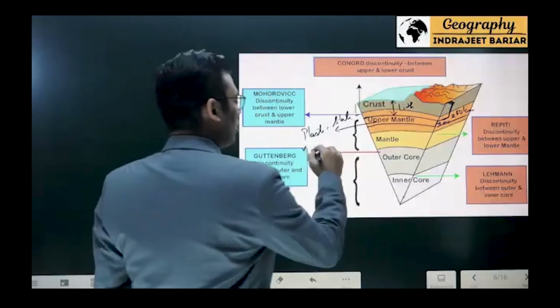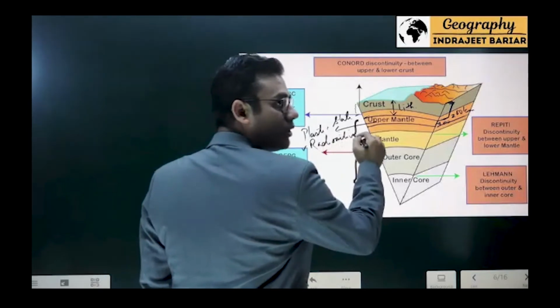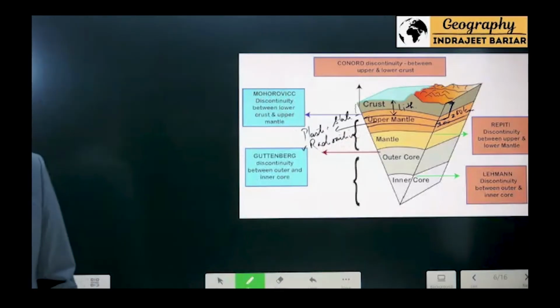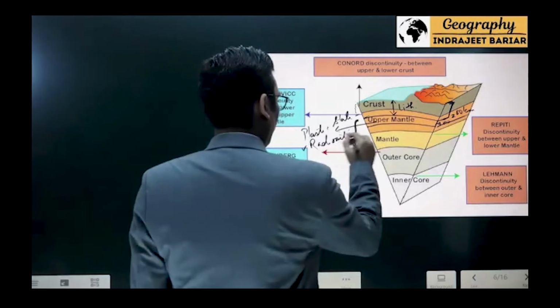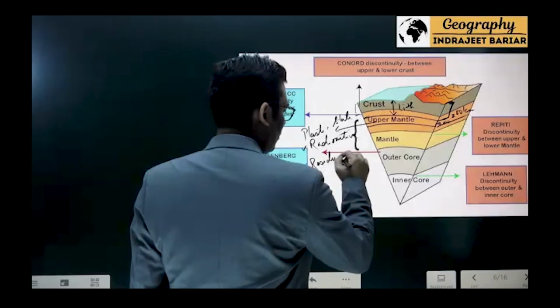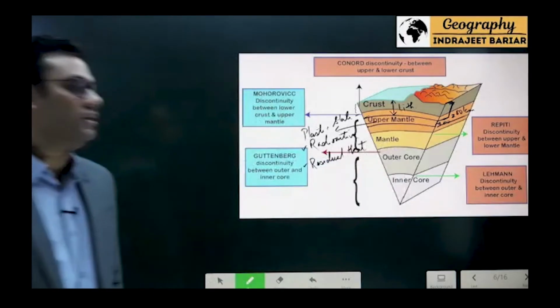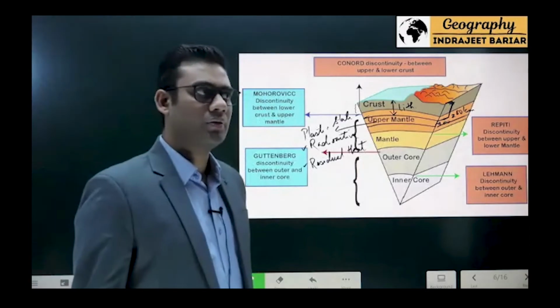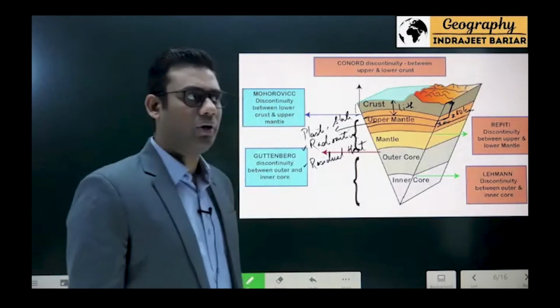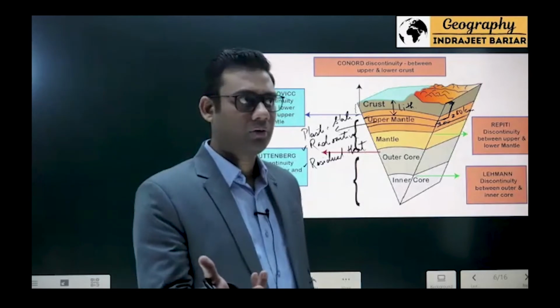First, because of radioactivity, radioactive material present over here. And apart from radioactive material, another one is the residual heat. Residual heat mainly means when the earth cooled down and solidified, some of the heat is still trapped in the interiors.